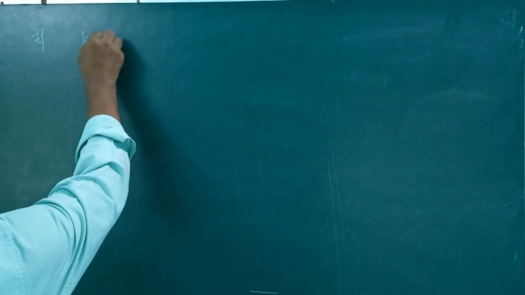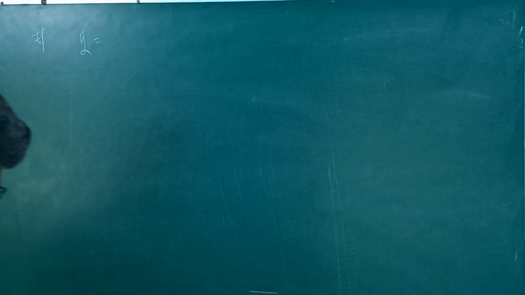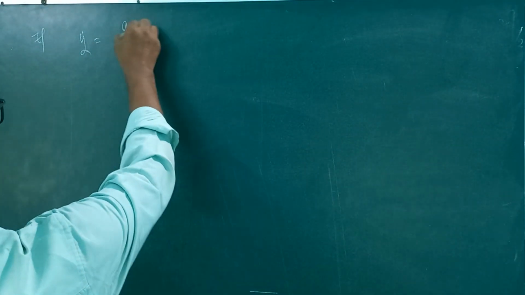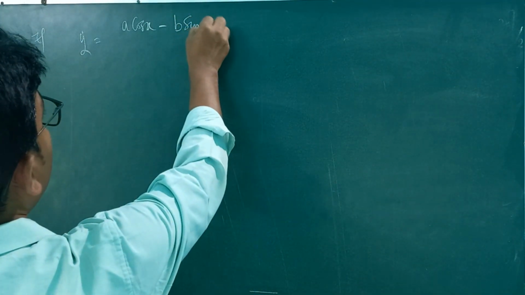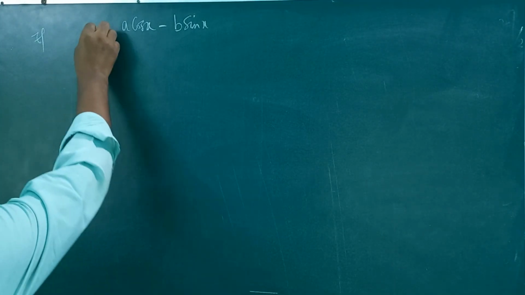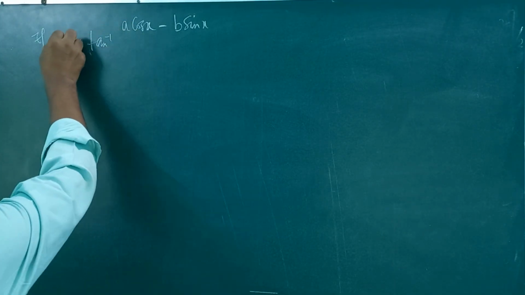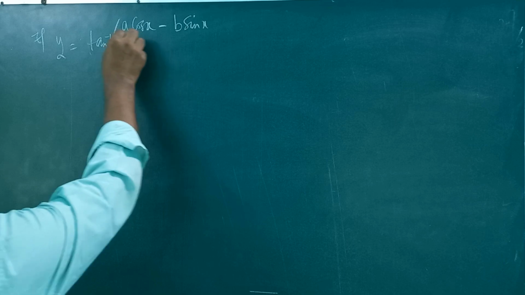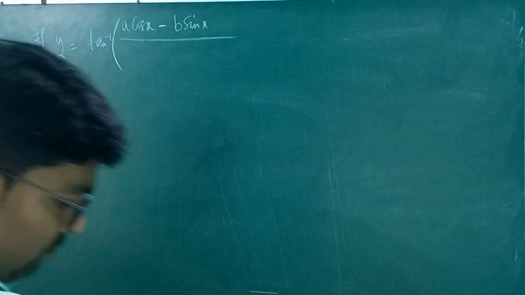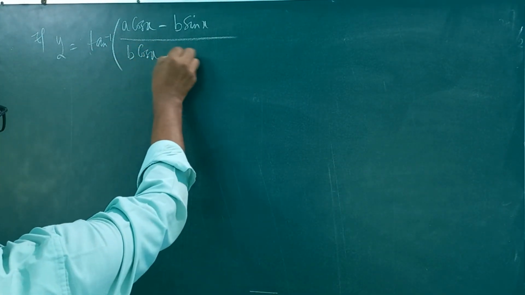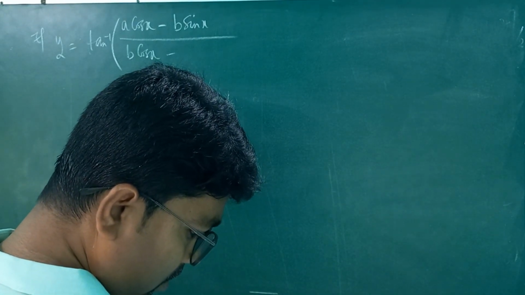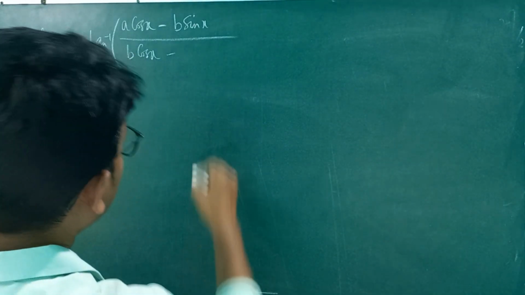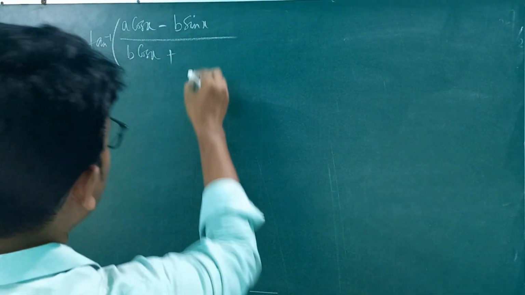Y equal to tan inverse of (a cos x minus b sin x) by (b cos x plus a sin x).